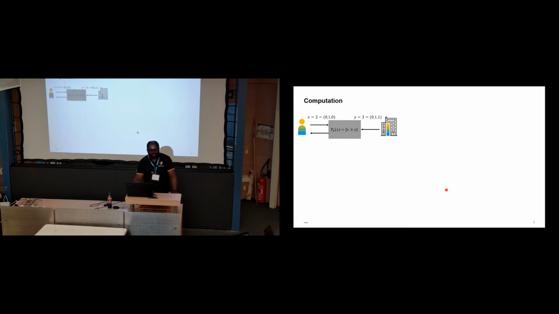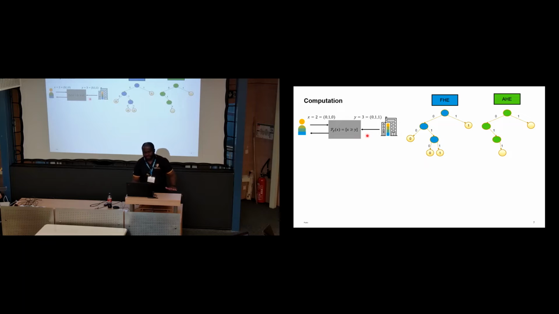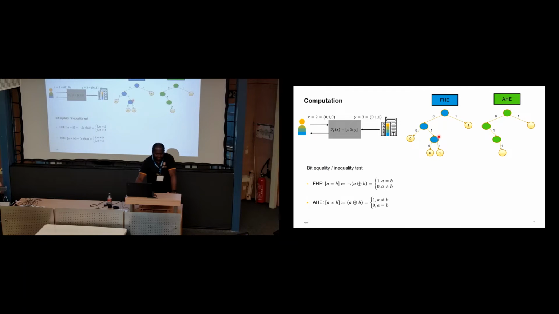Now, to do the computation, we let the client encrypt his input bitwise and send it to the server. I will use the blue color for FHE and the green color for AHE. Having the input of the client, we just traverse the tree with the encrypted input.